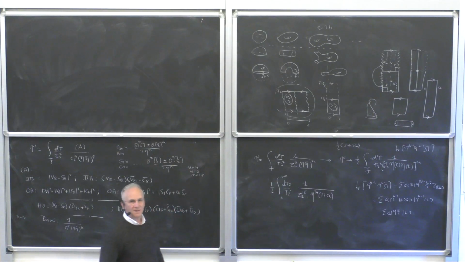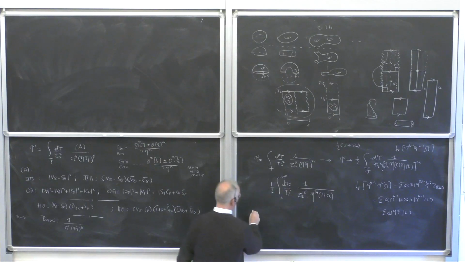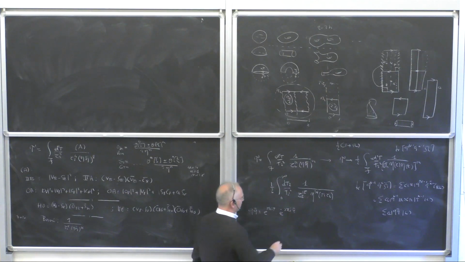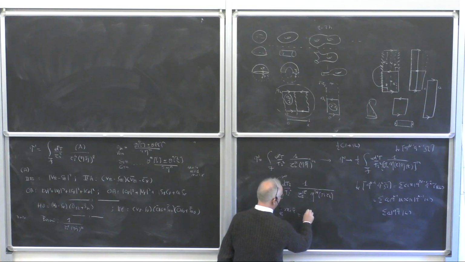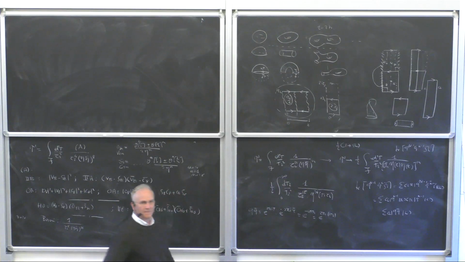But notice that, first of all, eta to the 4 of 2I tau 2 is precisely QQ bar, because if QQ bar is e to the 2 pi I tau times e to the minus 2 pi I tau bar, then the real part disappears, and then you get e to the minus 4 pi tau 2, which you can write as e to the 2 pi I times 2I tau 2, precisely what you have there.